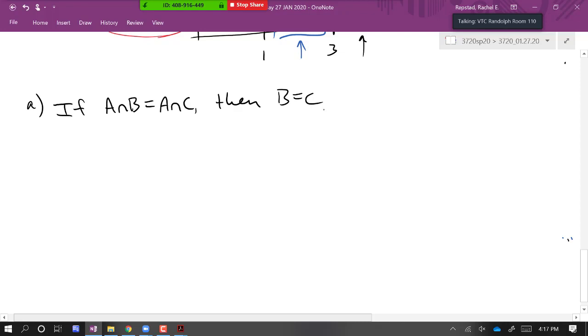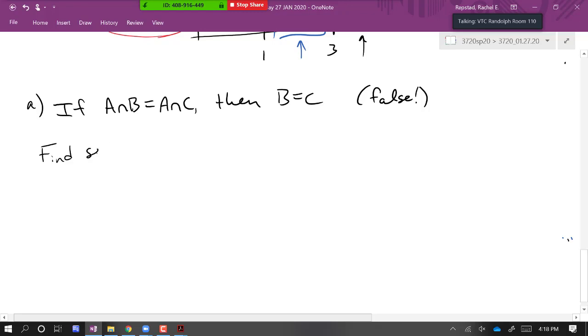I'm telling you that to begin with. And what we want to do is just find a single instance that illustrates that this is false. So you want to find actual sets, like list the elements. Like one set could be 1, 2, 3, 4, or whatever you want to use. It doesn't matter. But you're going to list actual elements.